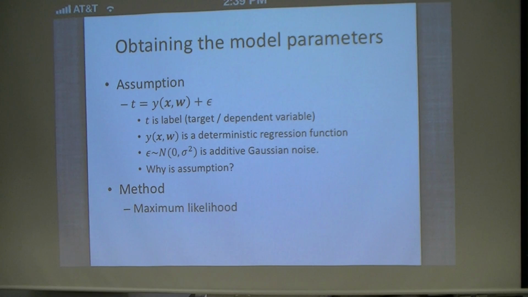Another case is if t has some outlier far from the regression curve, which may also introduce some error. So this epsilon can model the error between the regression output and the original label.